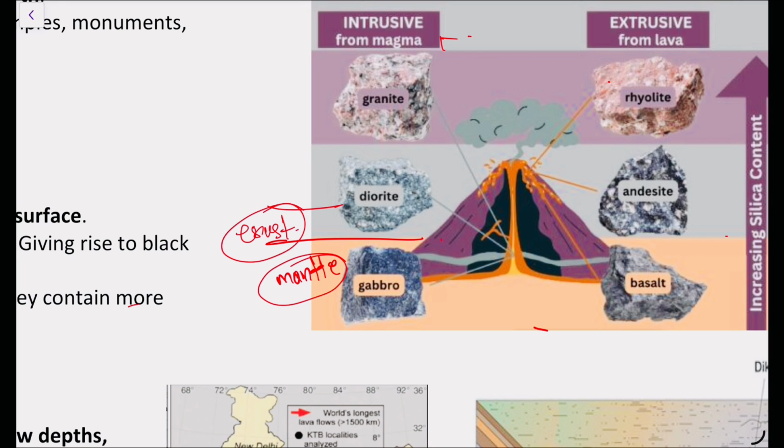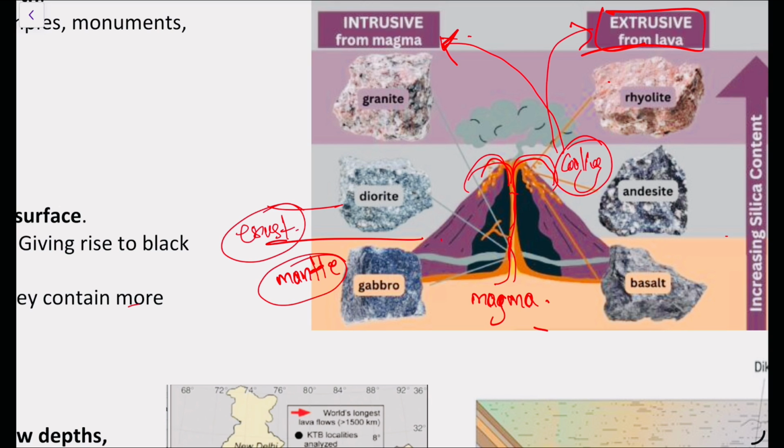When the magma in the mantle region comes out of the earth surface through volcanoes or various other cracks in the earth crust, and the magma is cooling outside the earth surface, the rocks that are formed because of the cooling of this lava outside the earth surface, we call them the extrusive igneous rocks.